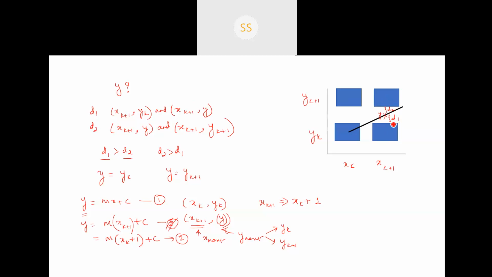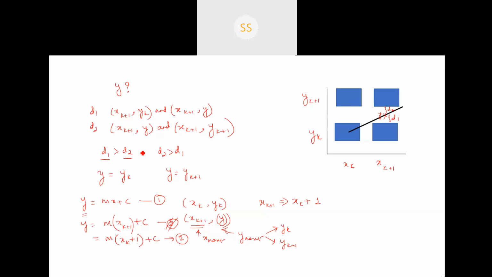My d1 is the difference between the point xk plus 1, yk and the point in the same column, xk plus 1 comma y. What about d2? d2 is the distance between xk plus 1, y and the pixel xk plus 1 comma yk plus 1. So I've got my d1 and d2.